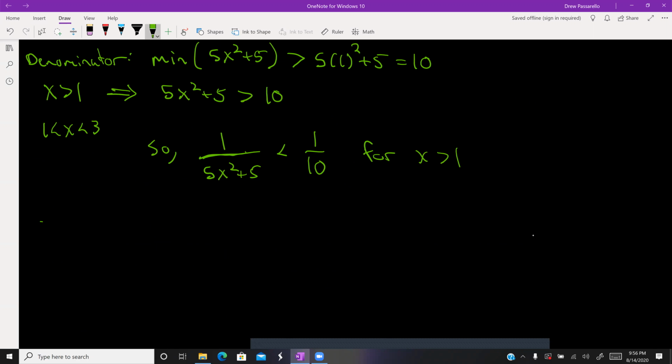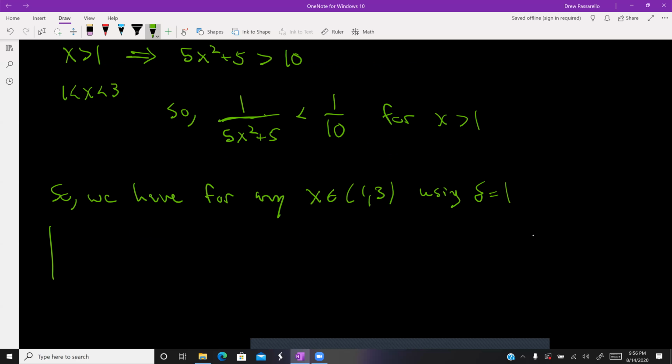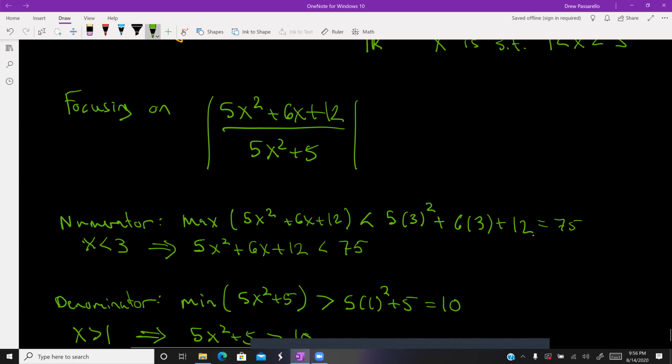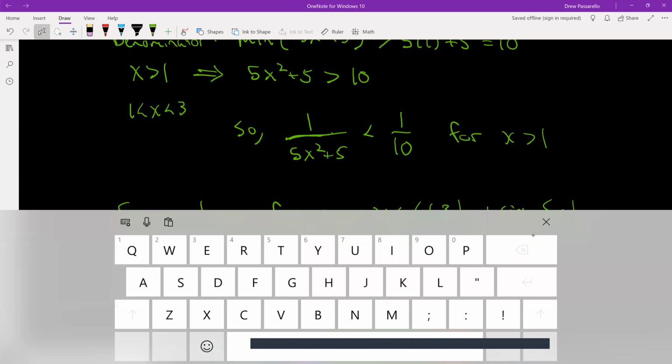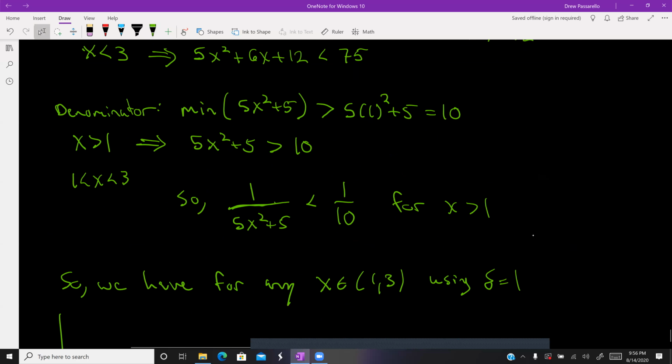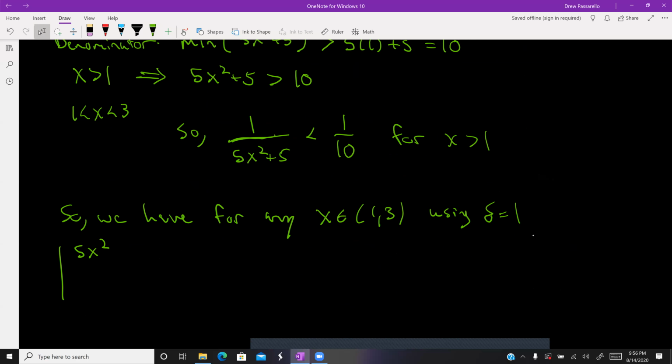So for any x in the open interval 1 to 3, this is using delta equals 1, we have the absolute value of 5x squared plus 6x plus 12 over 5x squared plus 5 less than, for the numerator, 75.